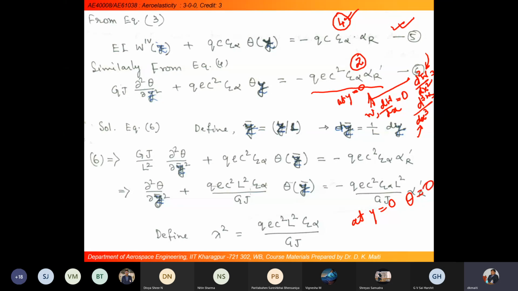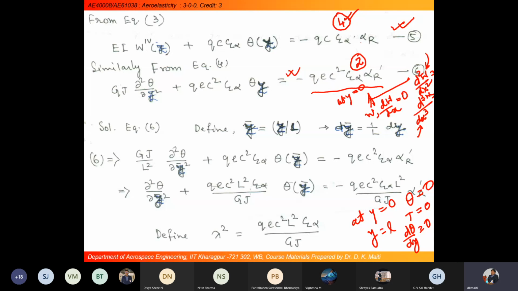At y equal to L, T will be equal to 0, the torsional moment will be equal to 0, that is nothing but d theta by dy equal to 0. So these are the two boundary conditions for the second equation, and the four boundary conditions we get for a cantilever beam are for the first equilibrium equation.